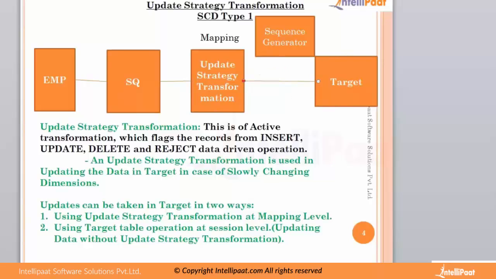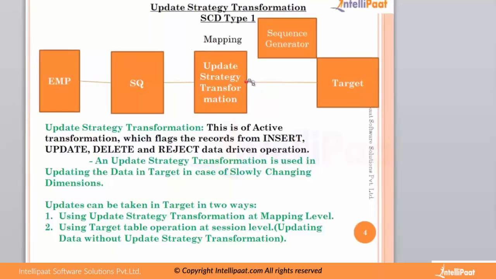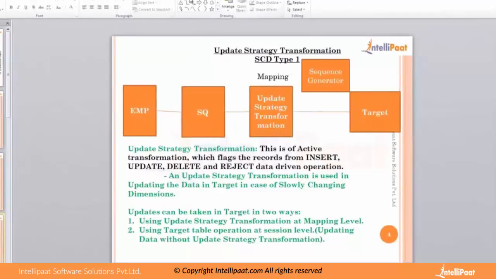The mapping will happen from the sequence generator to the target side, where the target will contain one extra column called the key column, or let's call it the B key, business key, or surrogate key, basically S key. That S key will be generated by the sequence generator transformation, and other things are going to be the same.